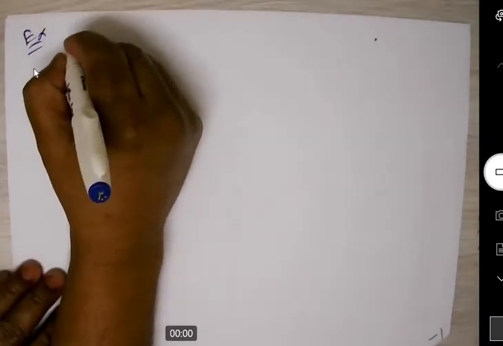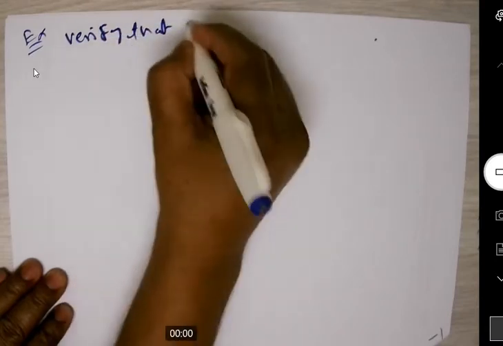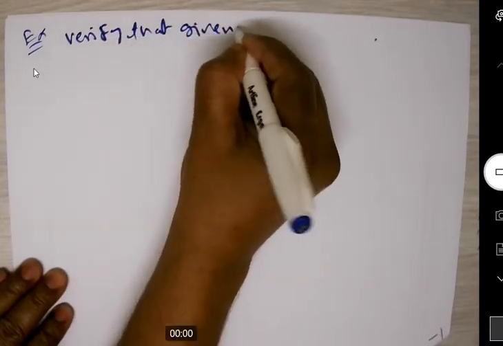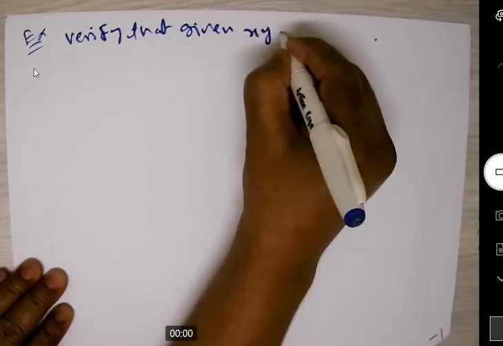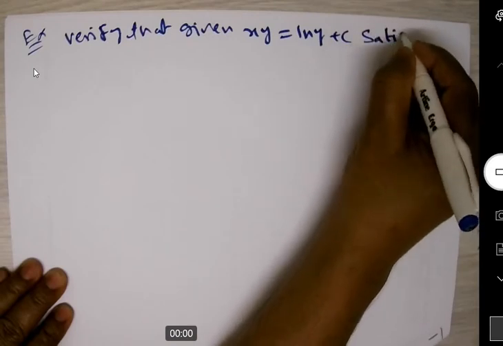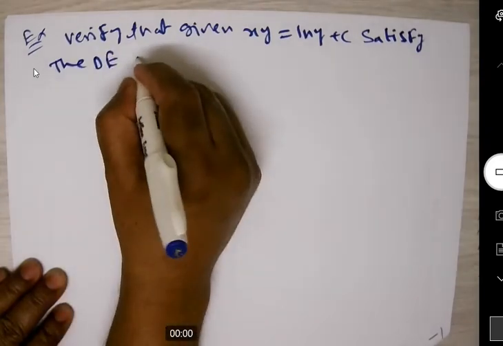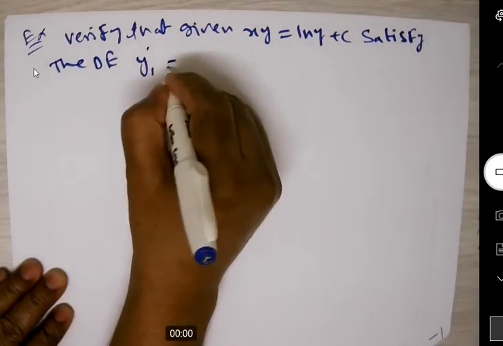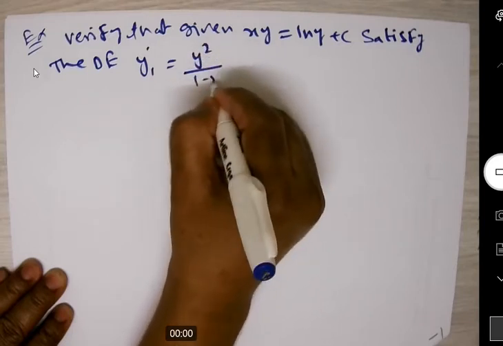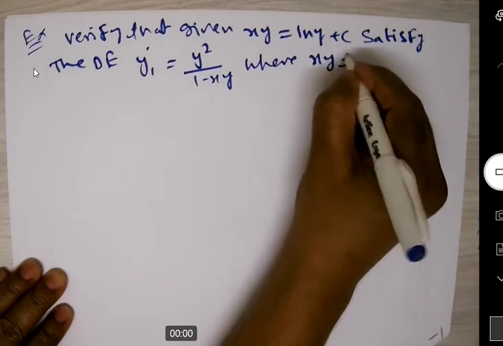Another question related to that. Example 2. Verify that the given function xy equal to ln of y plus c satisfies the differential equation y1 equal to y square divided by 1 minus xy, where xy is not equal to 1.